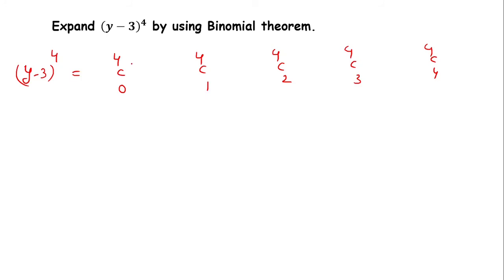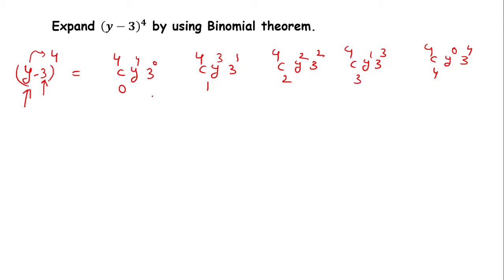I will take y first, y power 4, y cubed, y squared, y power 1, and then y power 0. Start from the end, it's 3 power 4, then 3 cube, 3 squared, 3 power 1, and 3 power 0.